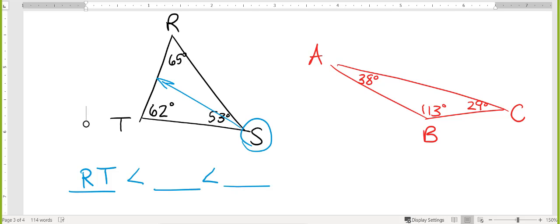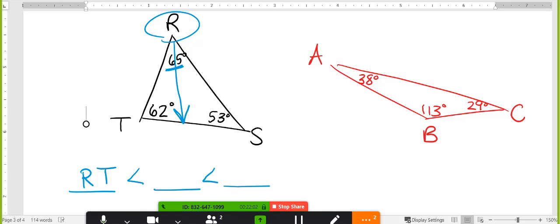Now let's go find the biggest angle. Where is the biggest angle? 65, 62, 53. This is the biggest angle, angle R. So the longest side would be right there, opposite the angle.